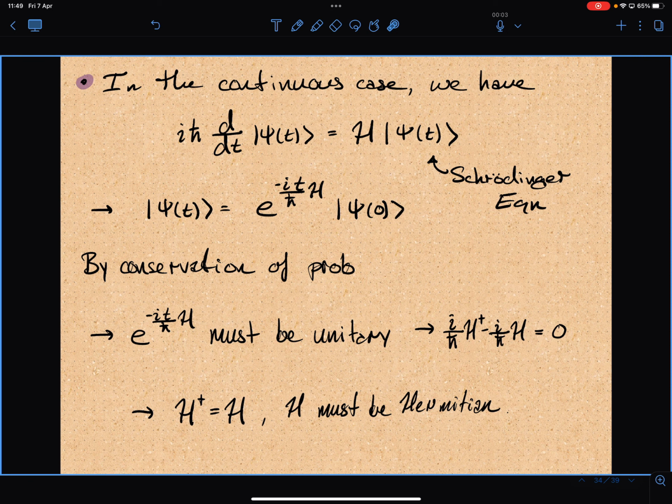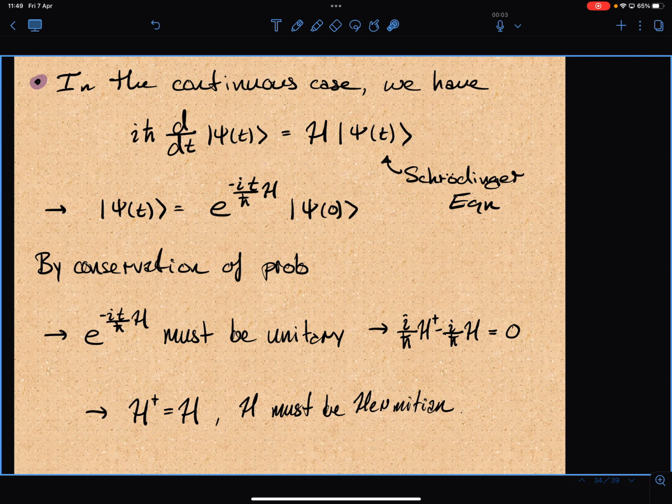And this really implies that this has to be equal to 0, this property. And then it means that the conjugate transpose of H has to be equal to H. And that means that H must be Hermitian. And this is then a condition for the evolution of a quantum system. H must be Hermitian.